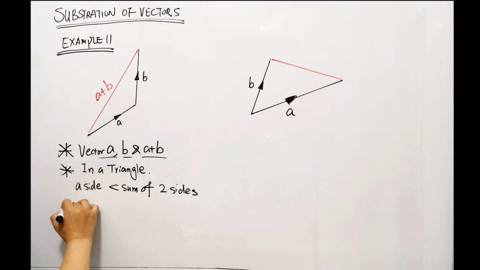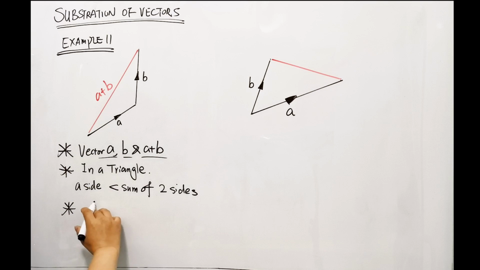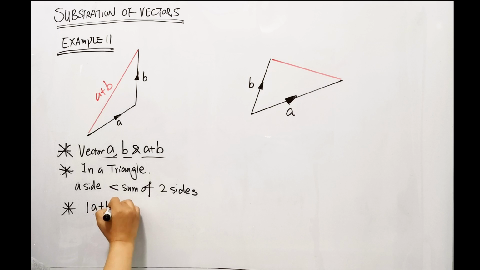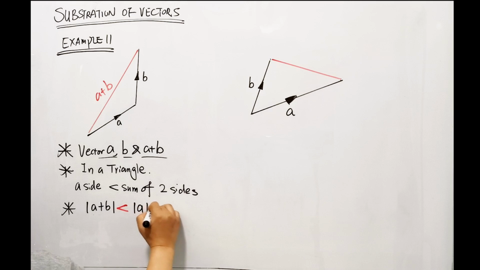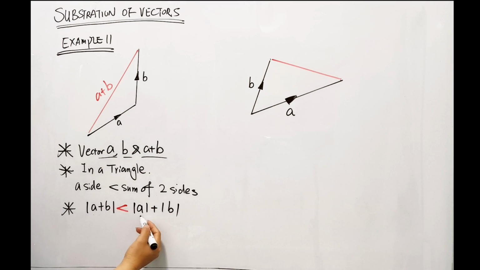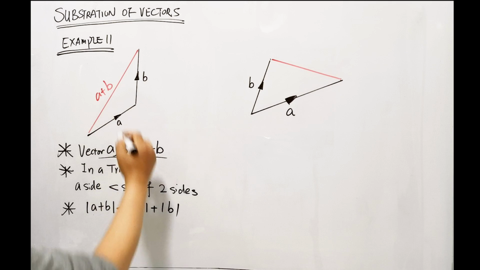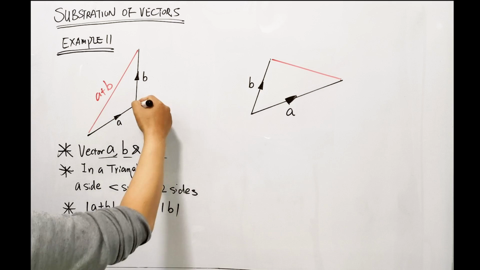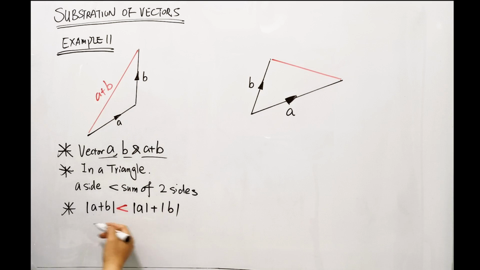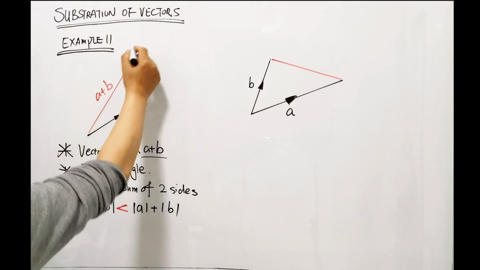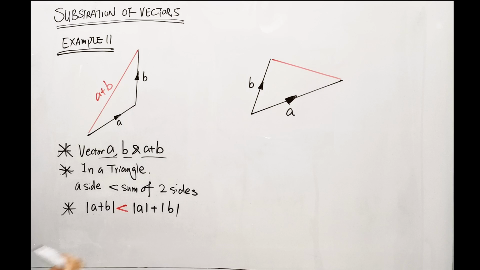So from here we know that the magnitude of A plus B must be less than the magnitude of A plus the magnitude of B. Magnitude A is the length of this and magnitude B is the length of this. So these two added together must be more than one side, that means A plus B, right? So this is the first one.